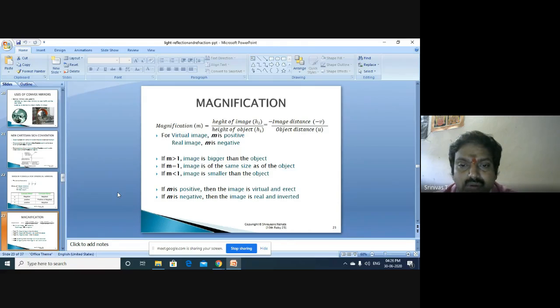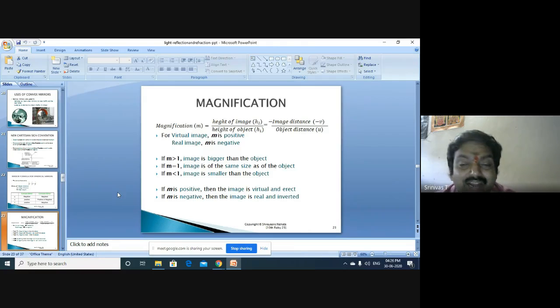There are some standard conditions. If magnification is greater than 1, the image is bigger than the object.